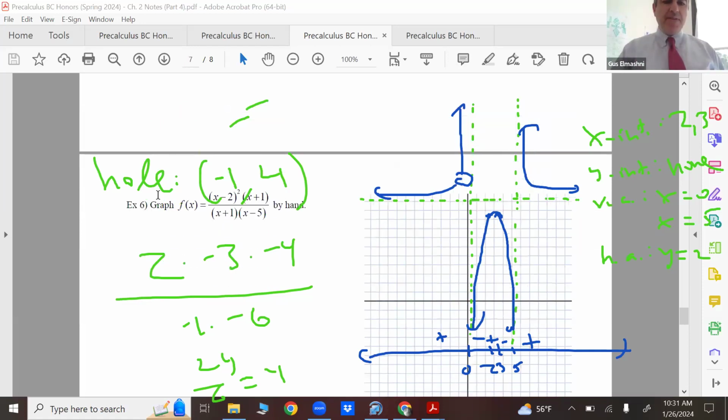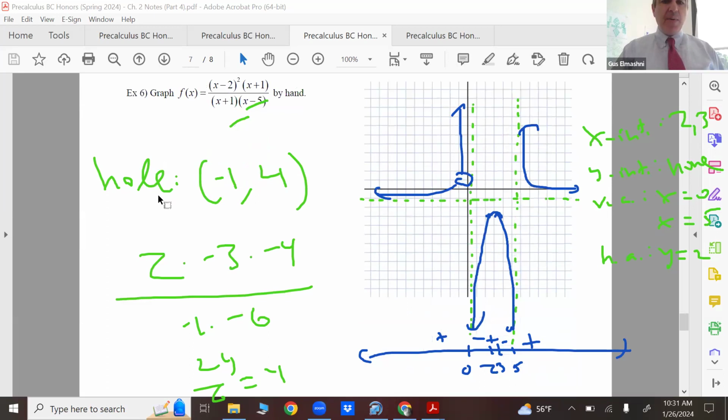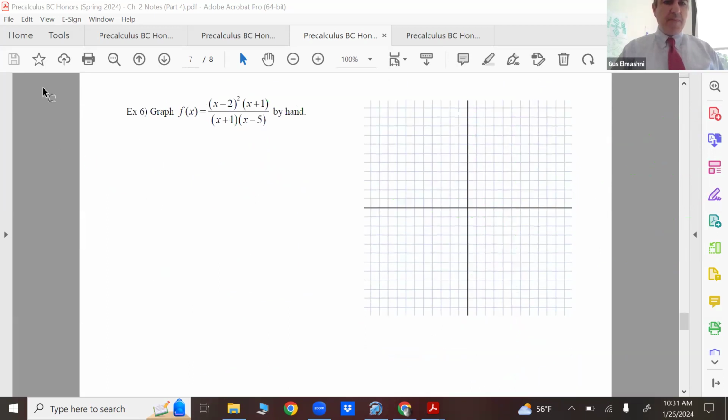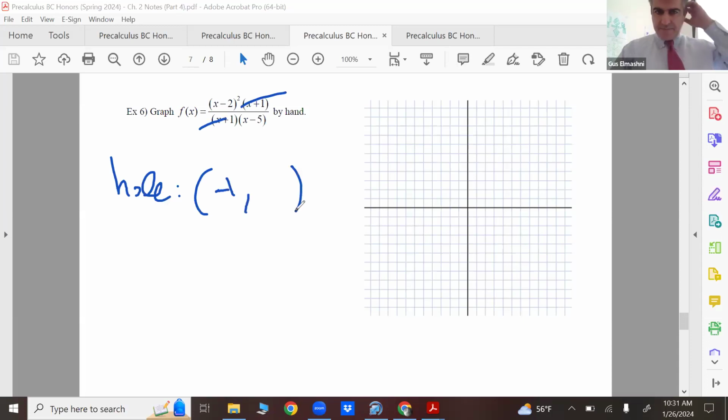We still haven't done any synthetic division yet, and now we get our chance. Okay, let's look at this one here. Cancel. Hole. Where's the hole, guys? -3/2. Good.